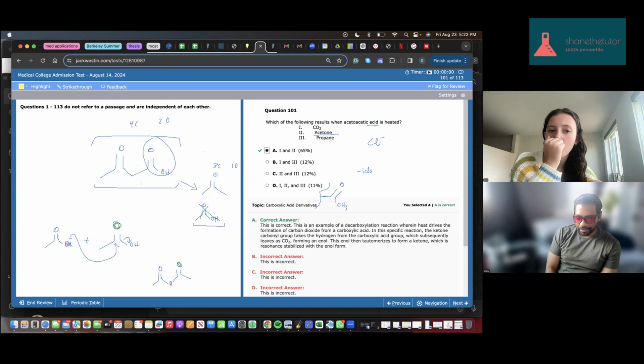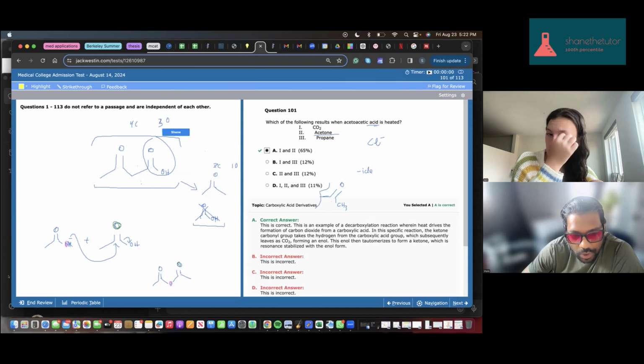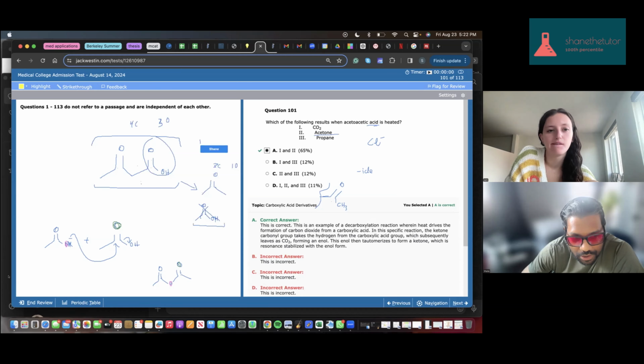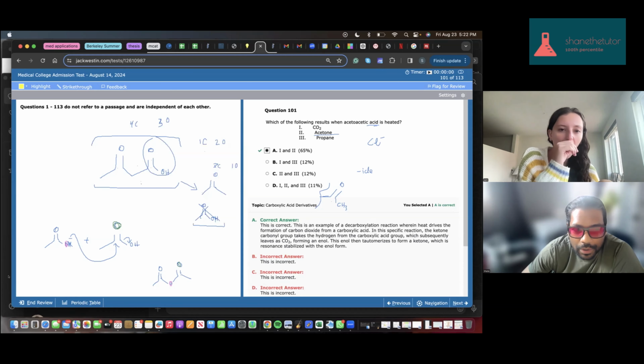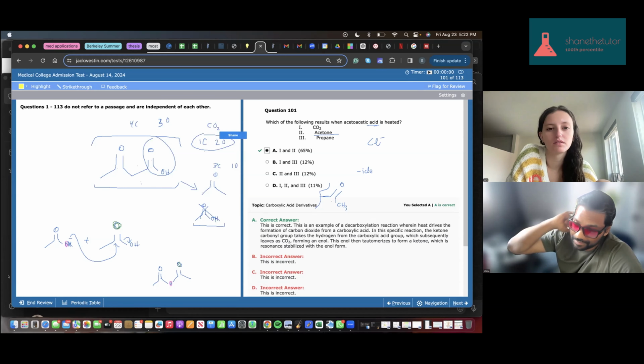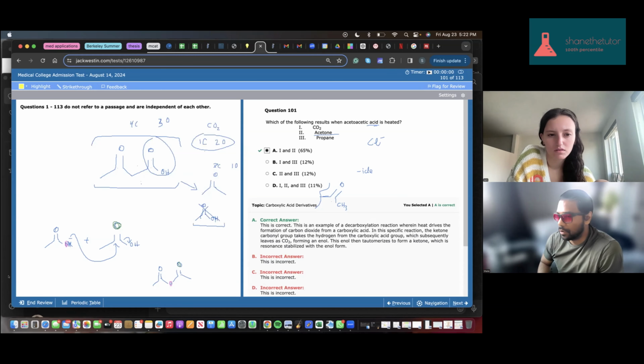So that means we're losing 1 carbon and 2 oxygens. So this could just be CO2, right? And that's what happens in a decarboxylation reaction. You lose a carbon and 2 oxygens in the form of CO2.